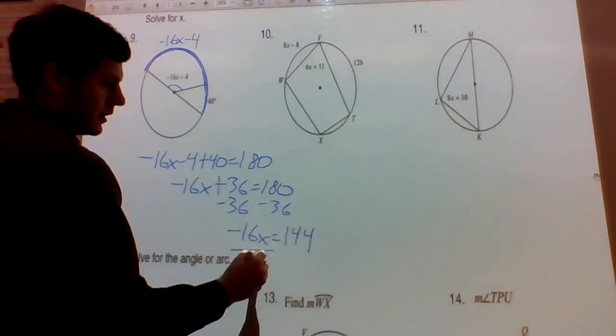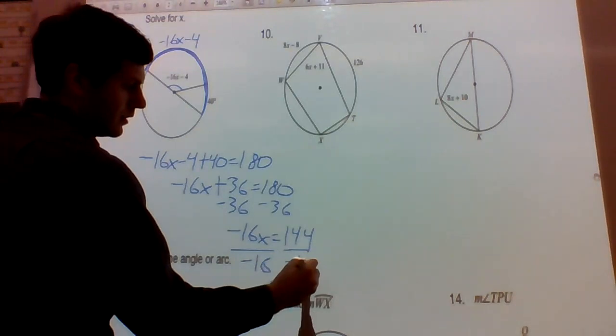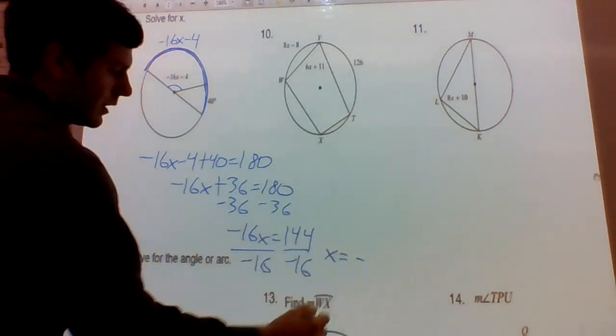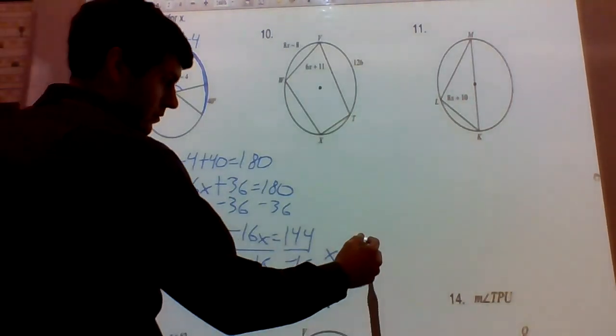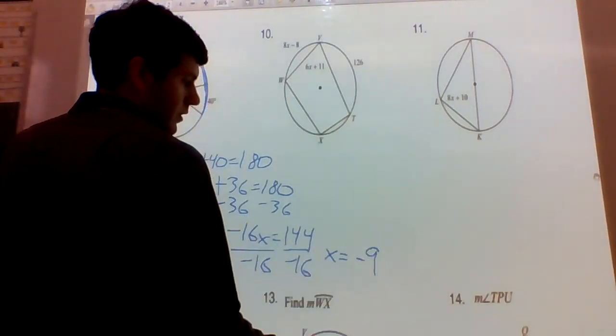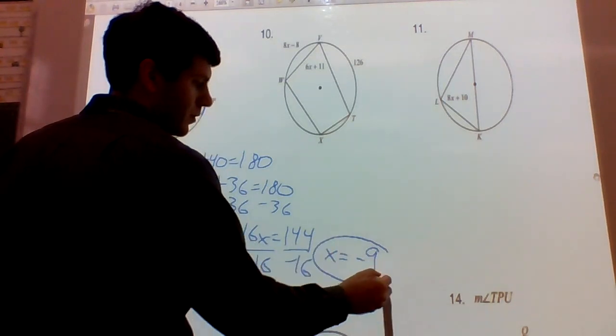Then we can divide by negative 16, and we get x equals a negative, let's see, probably 9. I'm going to guess 9. Okay, negative 9. And all we want is x.